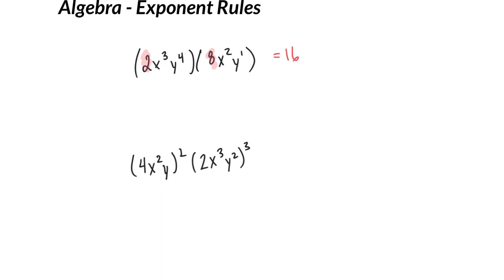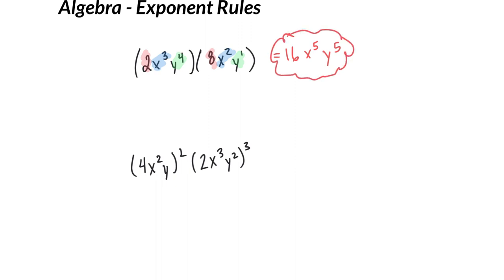That does not change. But next we say, all right, we've got 3 x's multiplied together and 2 more here. And remembering that, all that really needs to happen here is that we figure out how many x's. Well, that's a total of 5 x's that are being multiplied together. And we've got 4 y's here and another y right there for a total of 5 y's that are being multiplied together. So that is our solution.